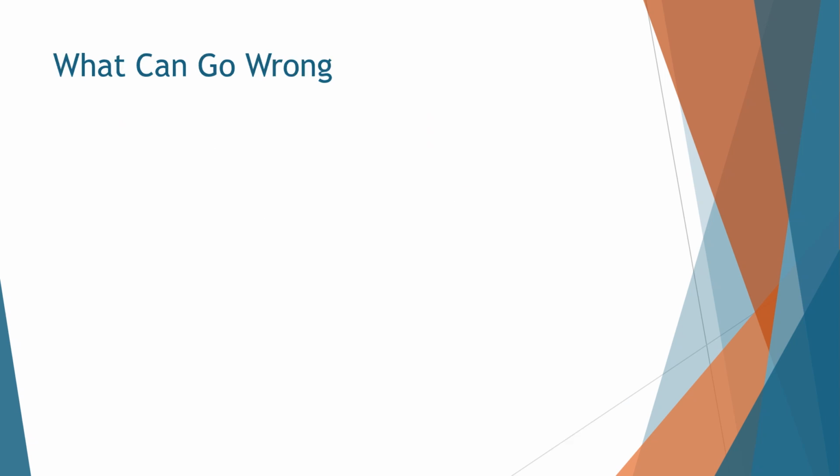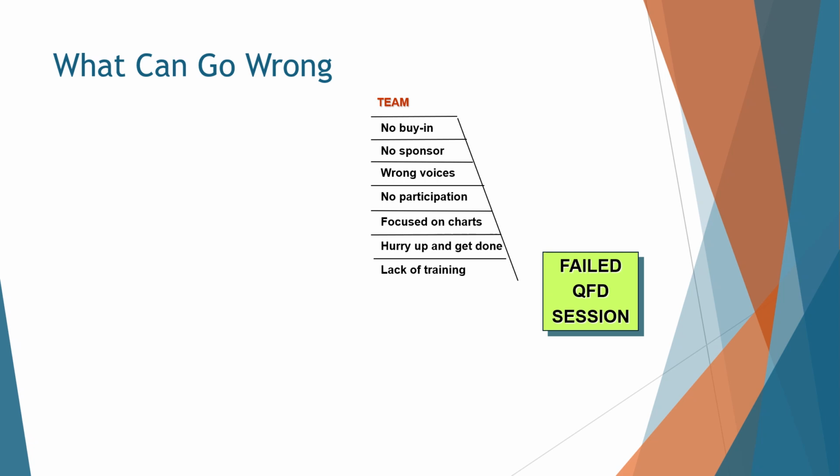What can go wrong? A failed QFD session when you're with all your team members. Team: there's no buy-in, no sponsor, wrong voices, no participation, focused on charts, hurry up and get this done, and a lack of training on how to do a QFD.